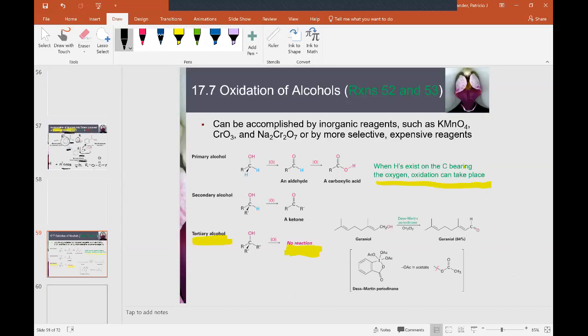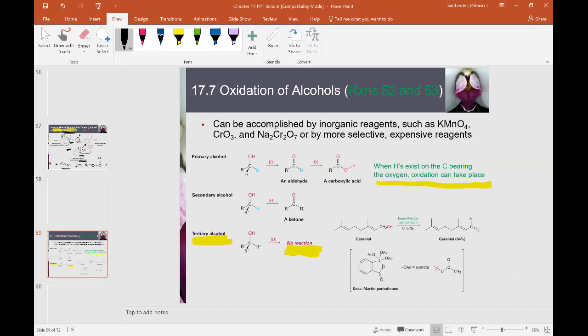Then we have the oxidation of alcohols. The oxidation can be performed with a variety of oxidizing reagents. You can use KMnO4, CrO3, sodium dichromate, and all these reagents are rather strong oxidizing reagents.